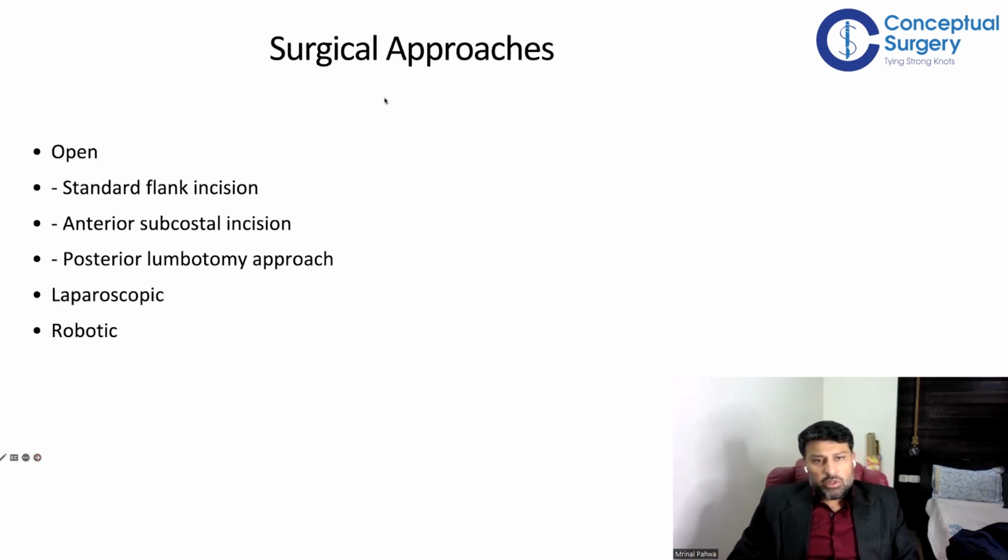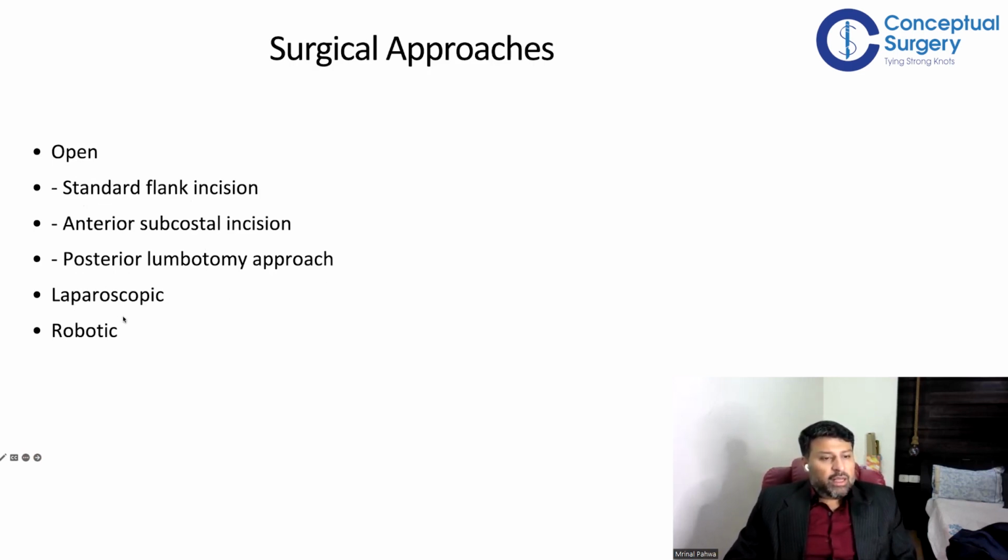So, surgical approaches: it started with open, and in open, there is the standard retroperitoneal approach, which is a flank incision. Then there is an anterior subcostal incision, which is a transabdominal approach. And then there is a posterior lumbotomy, especially in children.